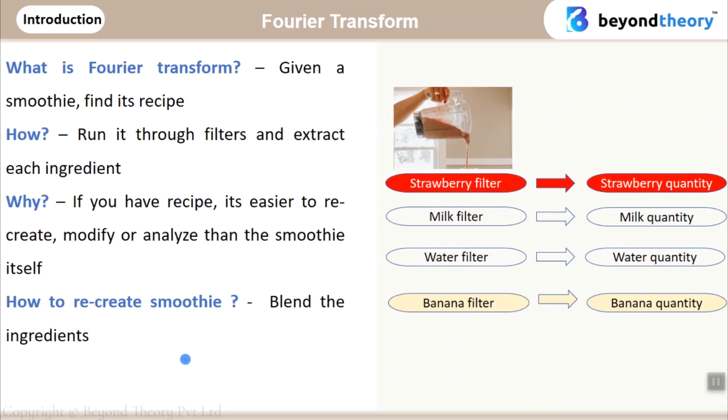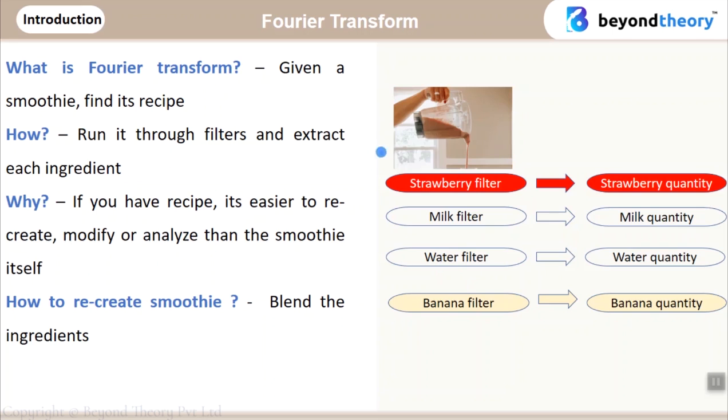Suppose you have a smoothie which is composed of strawberry, milk, water, banana and sugar. Now how do you get the ingredients? Suppose you had filters, hypothetically, filters which separate out different ingredients of the smoothie.